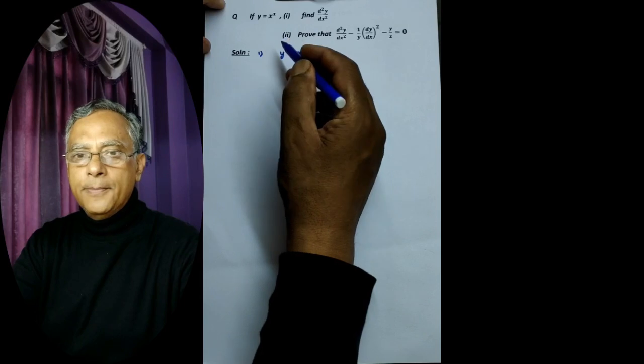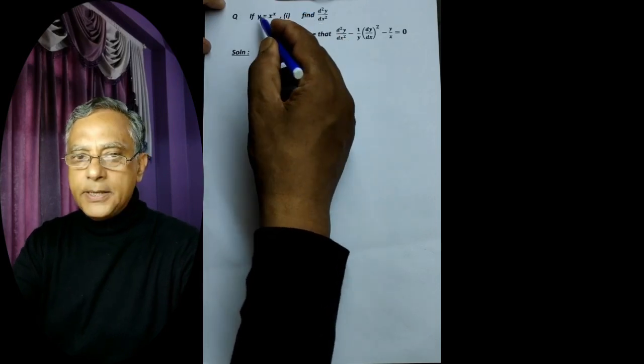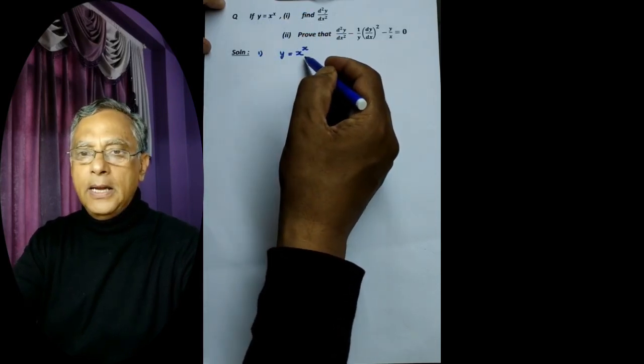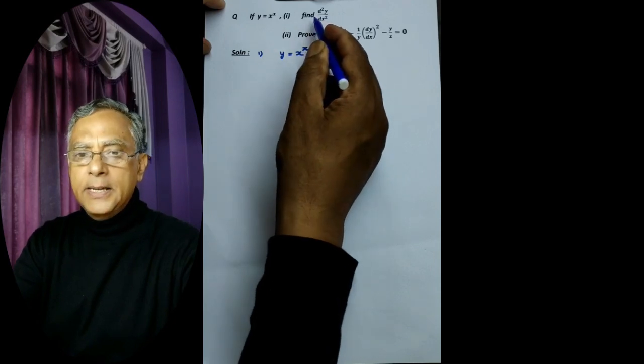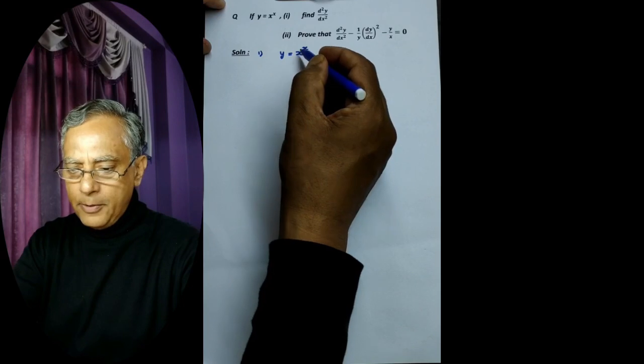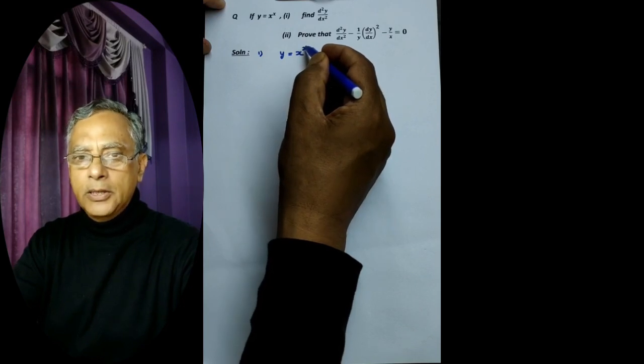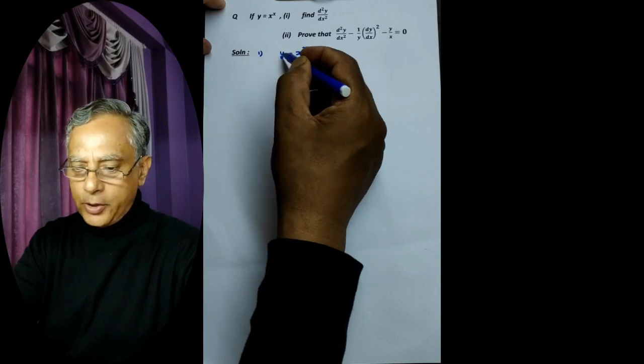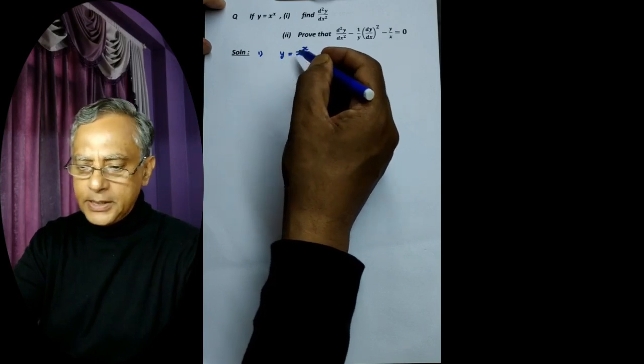Now in this question we are given y is equal to x to the power of x, and we have to find its second order derivative. Now this is in the form variable to the power of variable, so we will use logarithmic differentiation. So take log both sides of this equation.